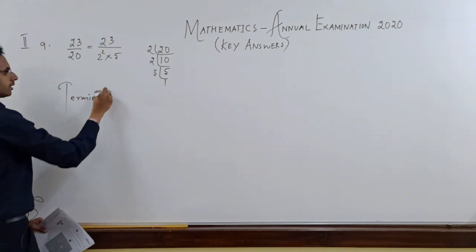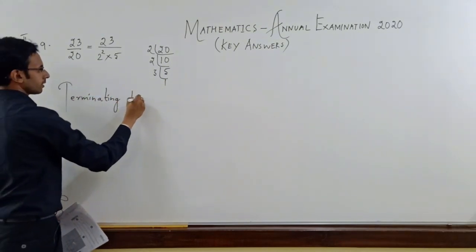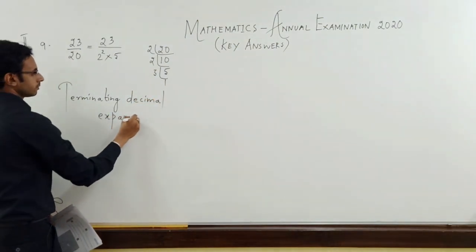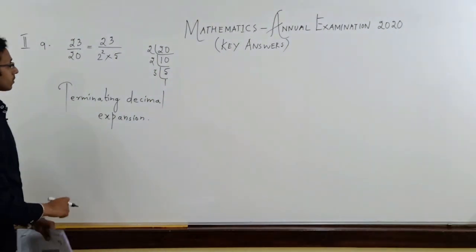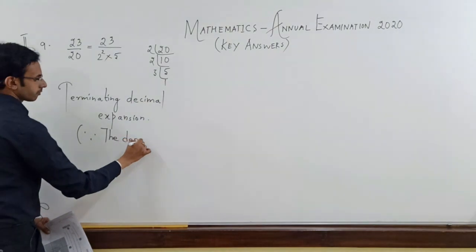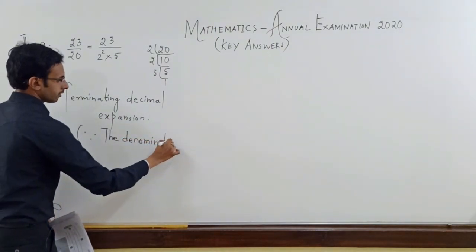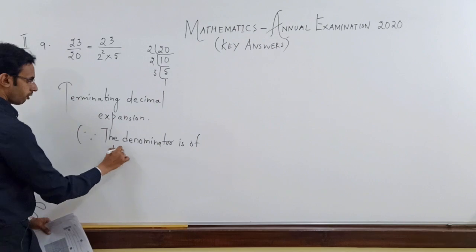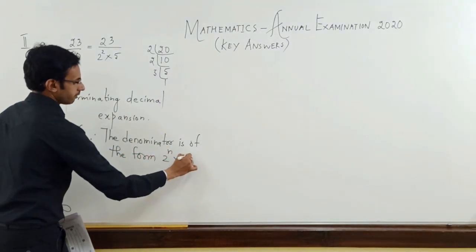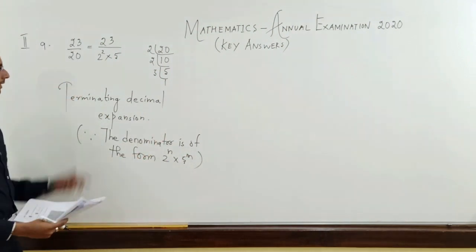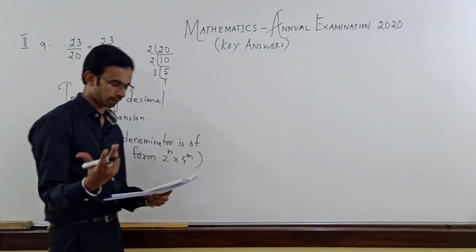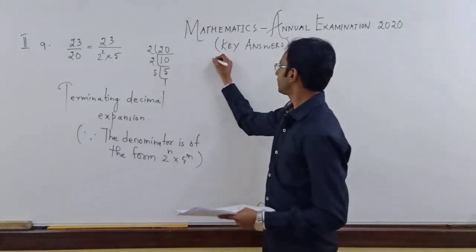It is a terminating decimal expansion, just because the denominator is of the form 2 power n into 5 power m. If it is not expressed in this form, then it is non-terminating. Since it is expressible in this form, this is terminating. So straightforward 1 mark.